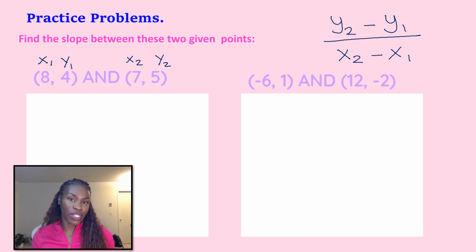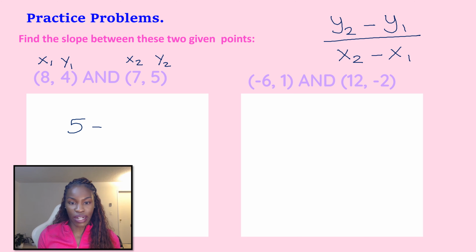Now that I've labeled it, I'm just going to plug it in, okay? So we have our y2 minus y1. So I'm going to do 5 minus 4 all over 7 minus 4.